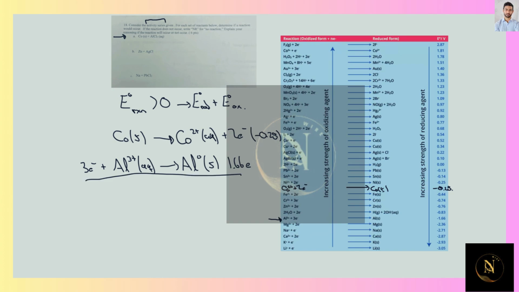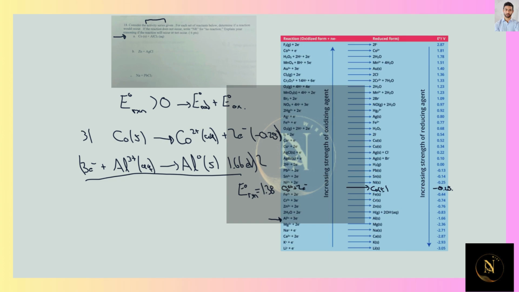To balance out this reaction, we need to multiply the first equation by 3 and the second one by 2. The potential for this reaction would be 1.66 minus 0.28, which gives us a potential of reaction equal to 1.38.